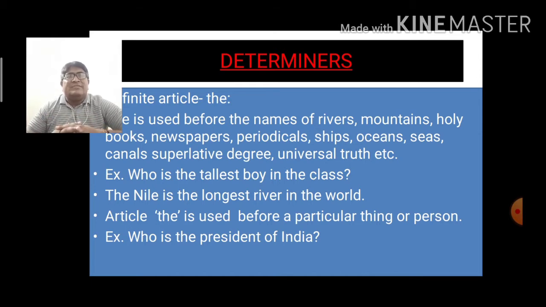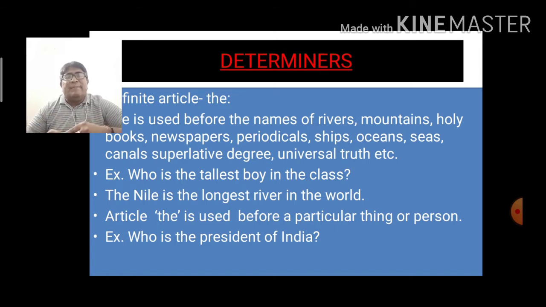Many of you have seen that movie, right? Next are the oceans, the Indian Ocean, then seas, the Arabian Sea, canals, the Suez Canal, the Indira Gandhi Canal, the superlative degree that we have seen in the example, and universal truth, for example, the sun, the moon, the earth.